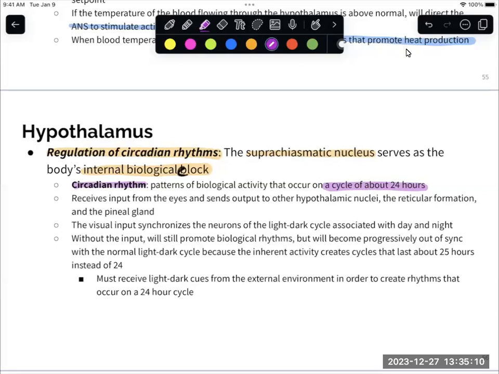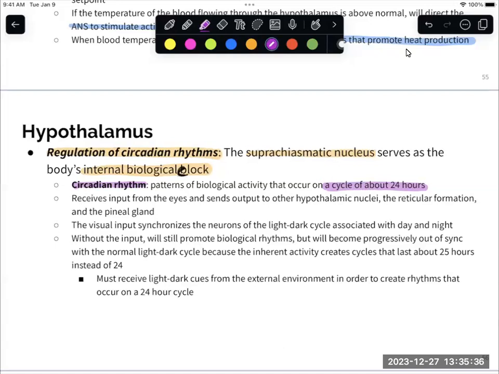So we receive input from our eyes for light, the reticular formation, and our pineal gland all play a role in the circadian rhythm because that visual input gives us that light-dark cycle. Daylight during the day, darkness at night.